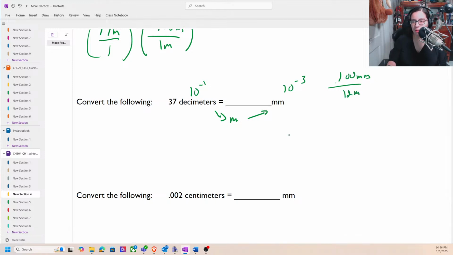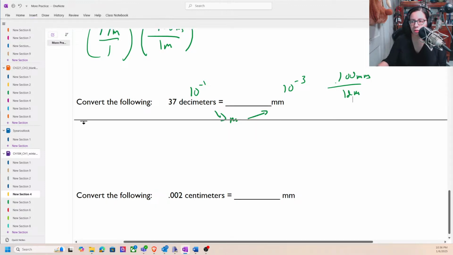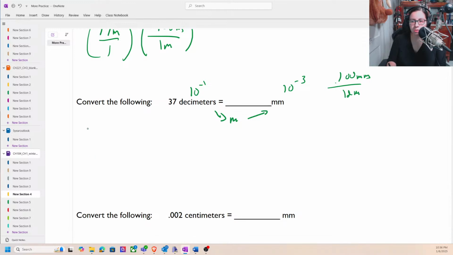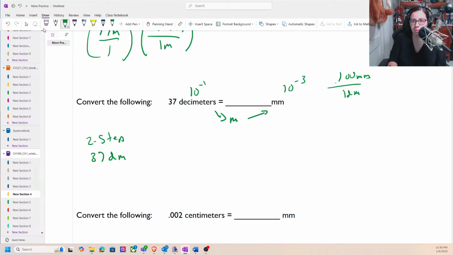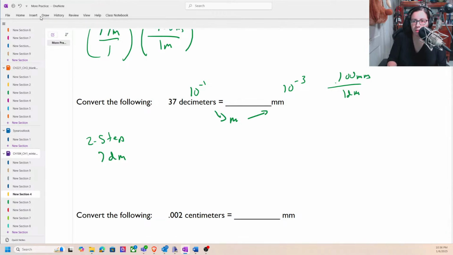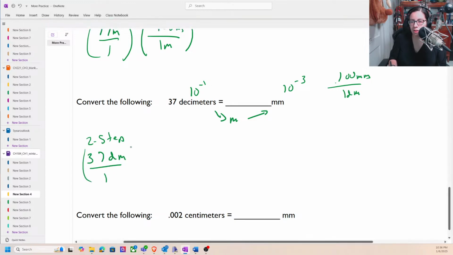So let's see if we get the same answer, depending on which method. So I'll start with our 2-step. So that's 37 decimeters. Now we're going to go to meters.